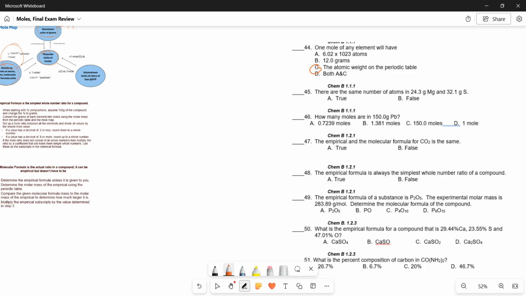Okay, 45. There are the same number of atoms in 24.3 grams of magnesium and 32.1 grams of sulfur. A lot of my students miss this question. This goes back to my understanding of the periodic table and the mole. On the periodic table, magnesium has a molar mass, which I abbreviate MM, of 24.3 grams. That is equal to 1 mole.